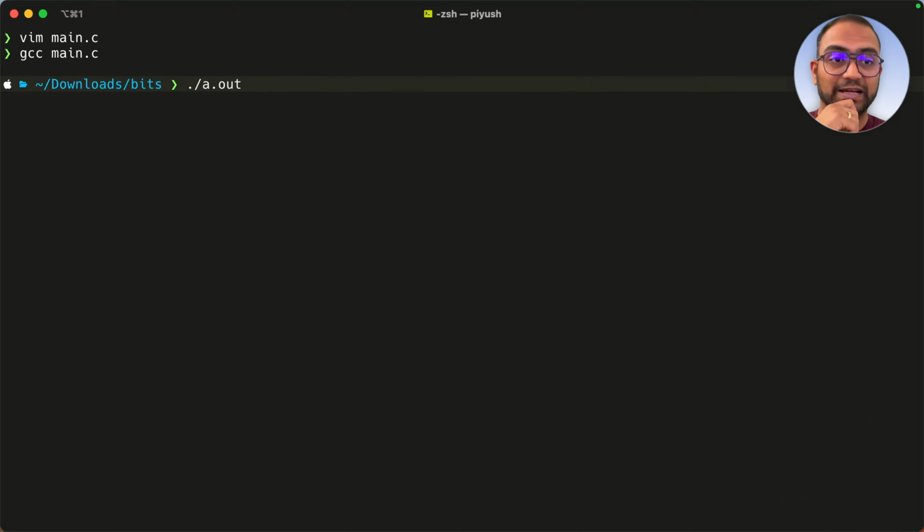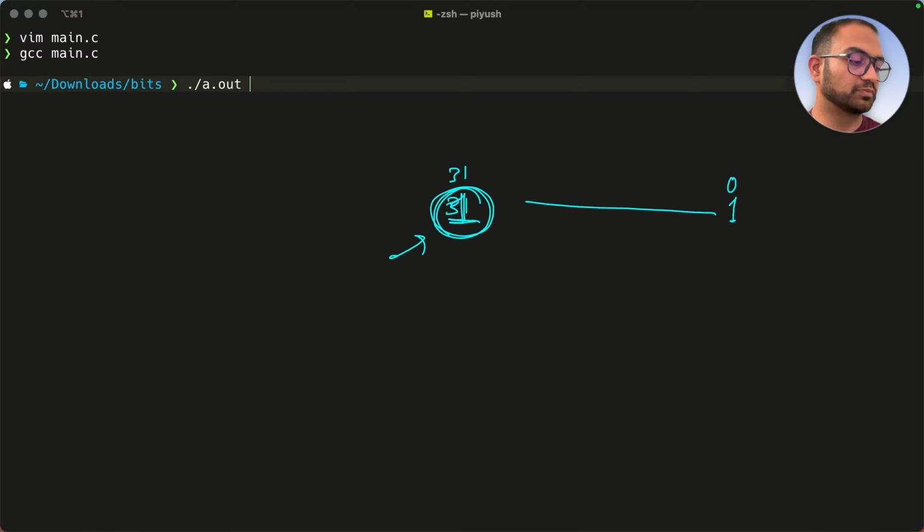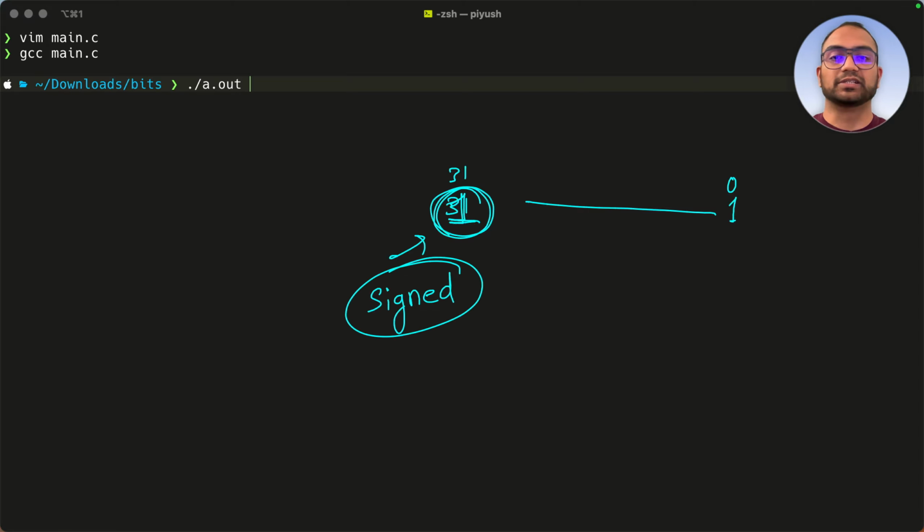Now, what do we expect? Let's make some predictions. Given 32 bits, we moved 1 from the 0th position to the 31st position. Notice that the 31st position is the sign bit. This is what we talked about yesterday: in 2's complement form, signed numbers are stored with the MSB representing the highest negative value.